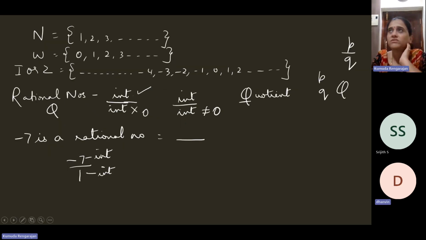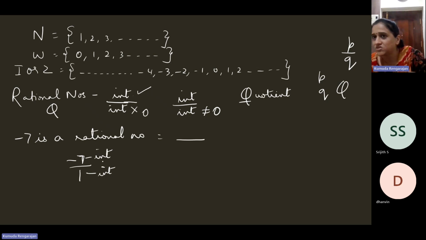Yes. When you hear the term integers, what should come to your mind? Natural numbers, their negatives and 0. So what is -7?